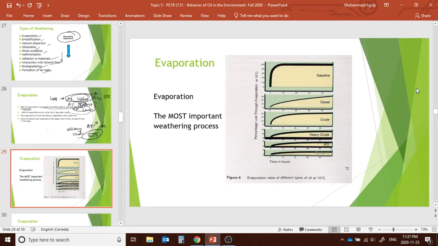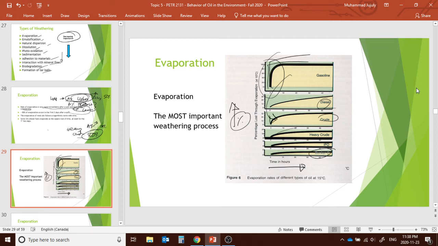Now let's see how evaporation actually works for gasoline. This is the time, and this is the percentage of loss, or you can say the rate of evaporation. For gasoline, you can see a very sharp ramp. That means it evaporates way faster than diesel. Light crude oil loses more because it has more of the gasoline portion. But heavy crude oil is slower.